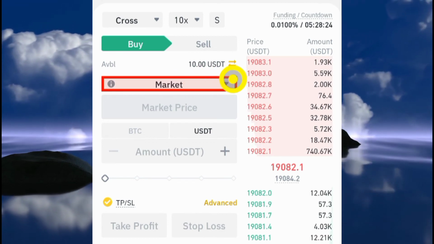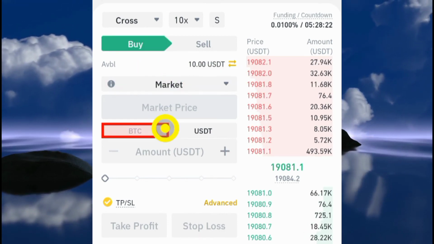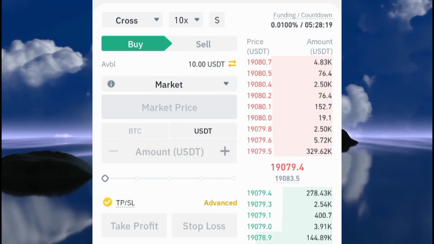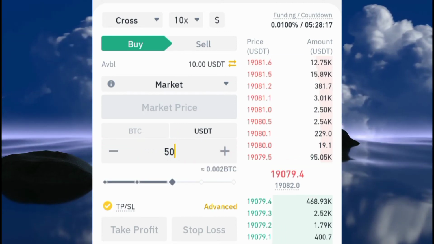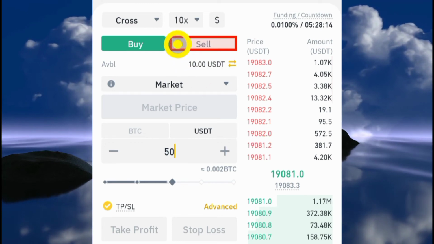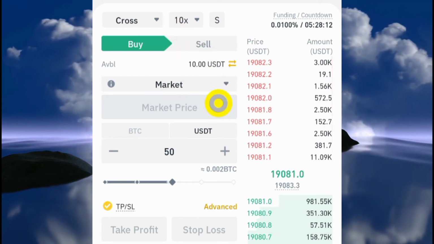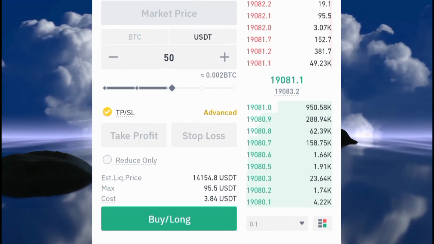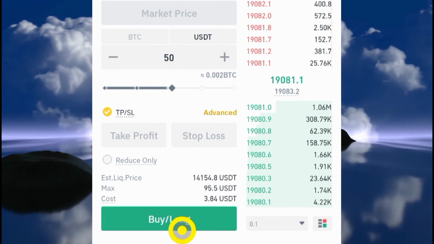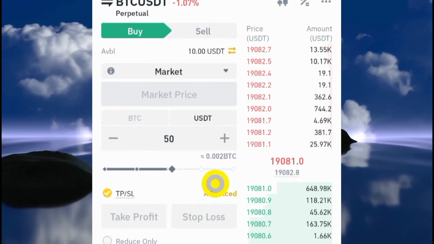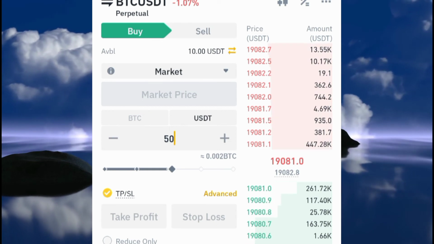It simply means you put in the amount of money you want to spend. If I put $50 down there, and then select a leverage, and then click this buy button right here, buy long, you could also select sell. If you click buy, then you have opened a position.